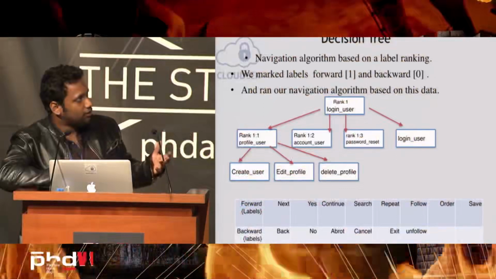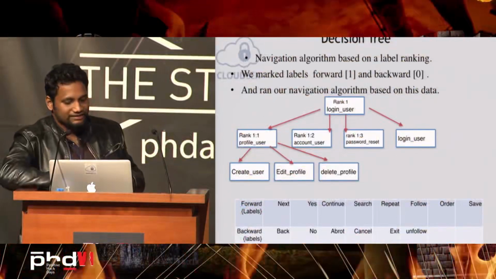The different patterns we implemented using a decision tree, so that if the user is logged in, he should be able to go to the profile user and test functionalities there. If he's not logged in, he should go to registration of user, etc.